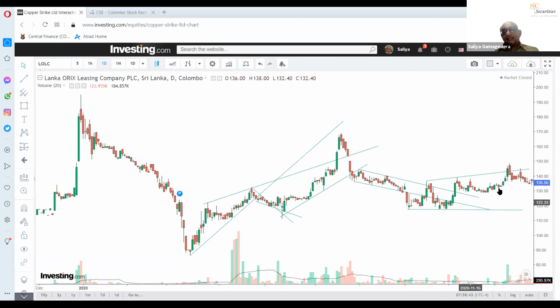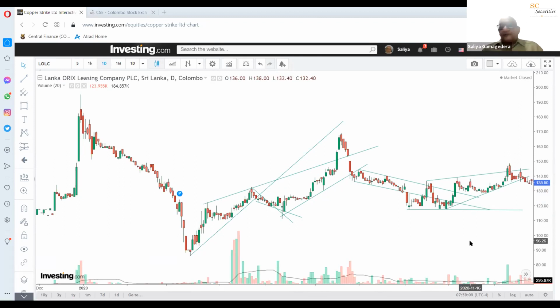So I'm going to connect this high-low formation also with a trend line, where I'll be using two basic points. I'm not going to use this. I'll be using this line and stretch up, stretch forward like this.